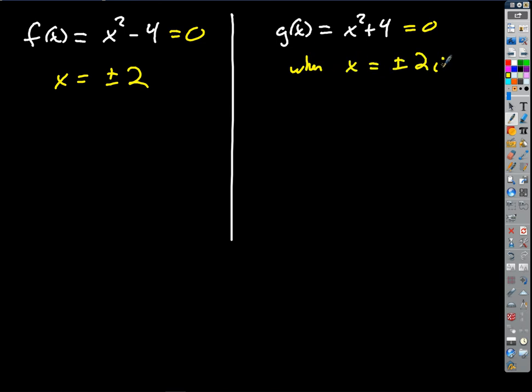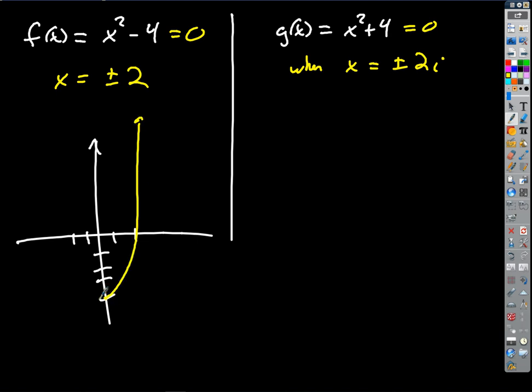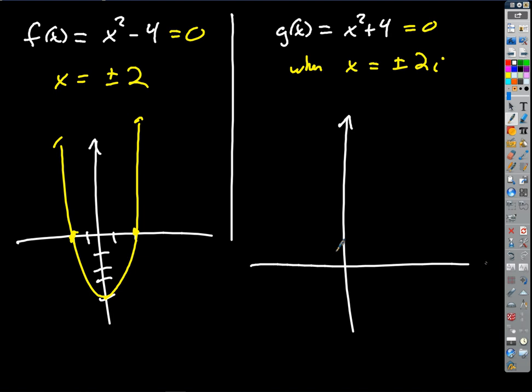So if I were to graph those, what do they look like? One's intersecting the axis, one's not. So we get x-intercepts on that one. This one over here, we don't. Right?